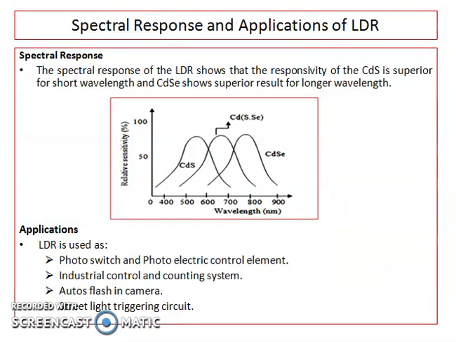Spectral response and applications of LDR. The spectral response of the LDR shows that the responsivity of cadmium sulfide is superior for short wavelengths, and cadmium selenide shows superior results for longer wavelengths. So if we look into the spectral response, we find that cadmium sulfide is better for a low range of wavelengths and cadmium selenide shows a better response for a high range of wavelengths.